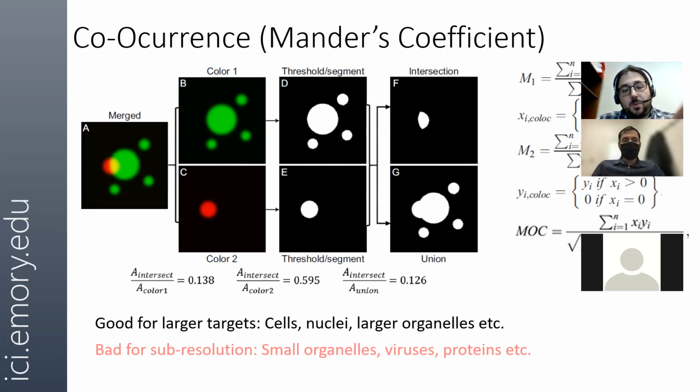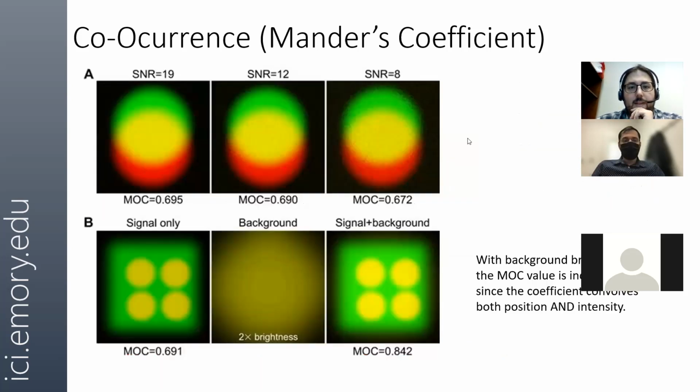As I had mentioned before, this works very nicely for larger structures, less so for structures which are sub-resolution, like proteins, viruses, or even substructures of a cell. This coefficient is very resistant to changes in the signal-to-noise ratio specifically, which means the MOC here is the Manders coefficient we're looking for.